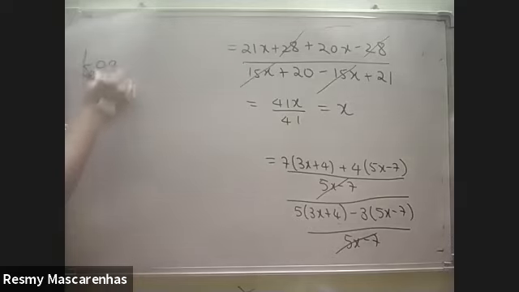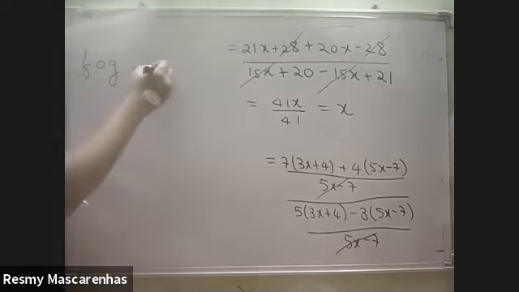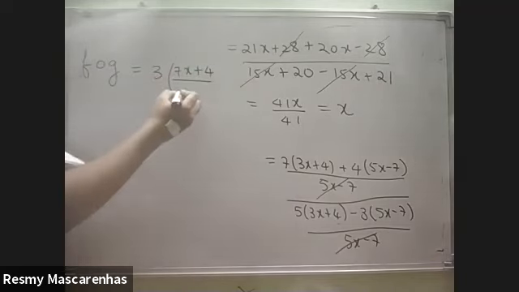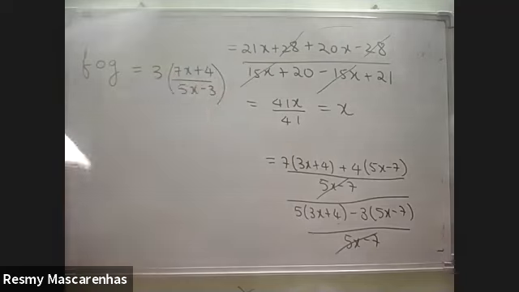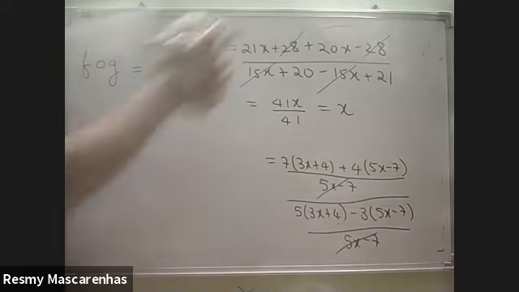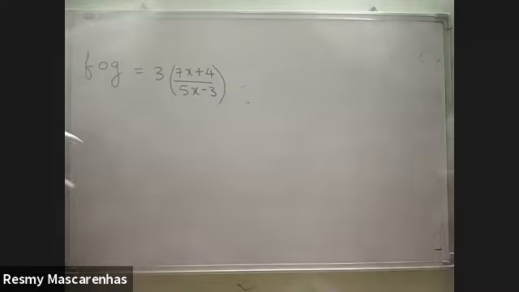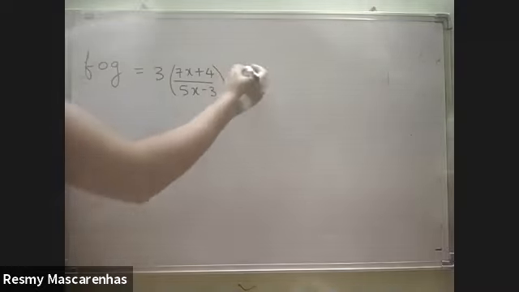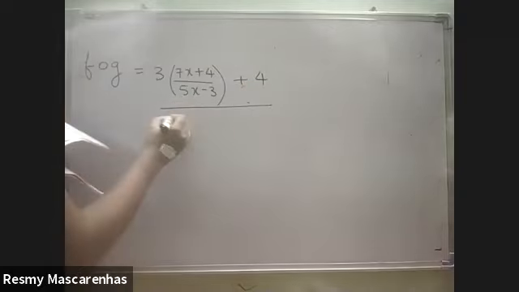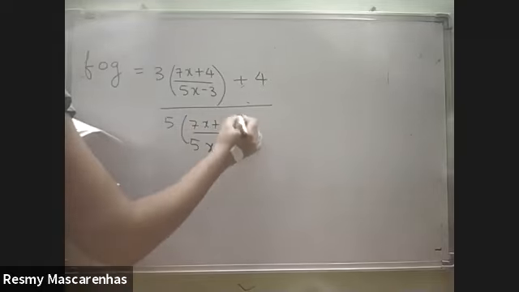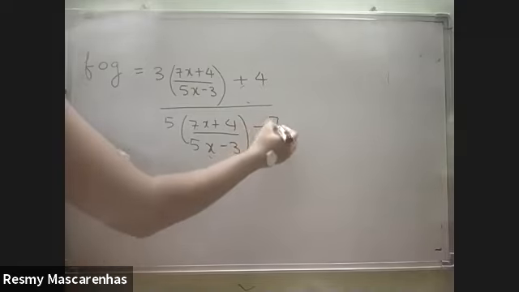Same way, FOG will be the whole G you have to substitute in F. So that will be 3 into (7x plus 4 upon 5x minus 3) plus 4 upon (7x plus 4 upon 5x minus 3) minus 7.